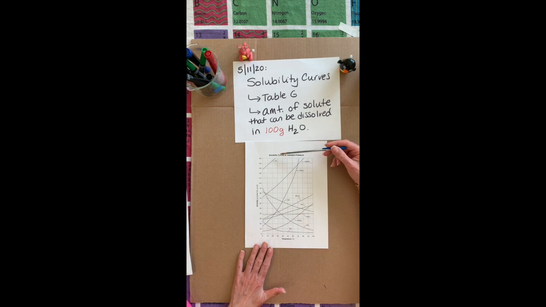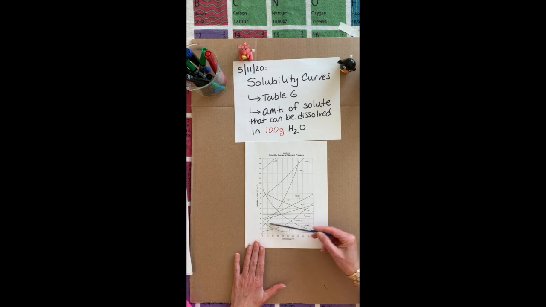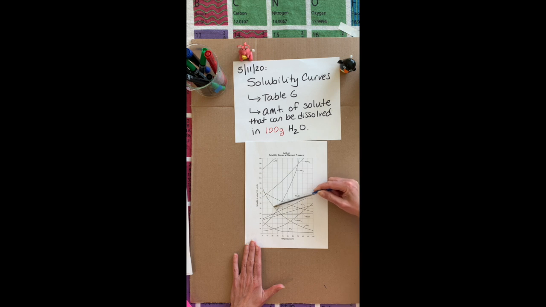Now, you'll also notice that the majority of these are curving up. And what that means is the higher the temperature, the greater the solubility. But you will see that there are several that show a decrease in solubility as temperature increases.